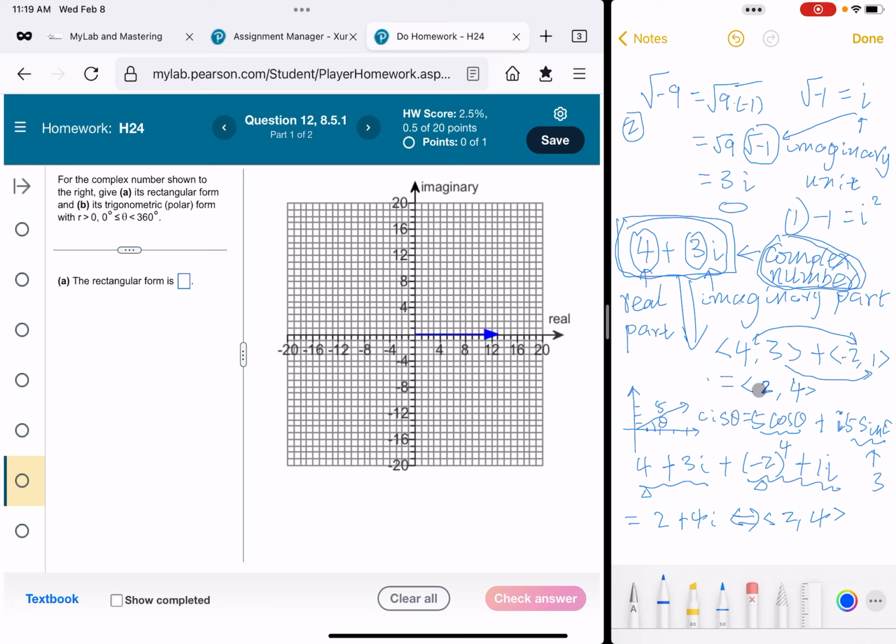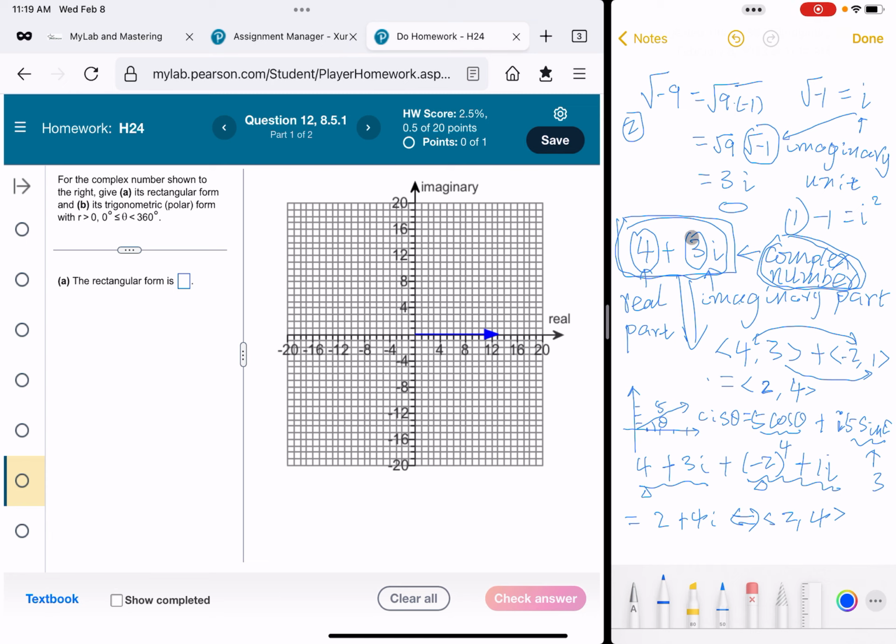And then if we have made this connection, then for vector 4, 3, the x coordinate is 1, 2, 3, 4, and the y coordinate is 1, 2, 3. By the Pythagorean theorem, the radius will be 5. The length will be 5.